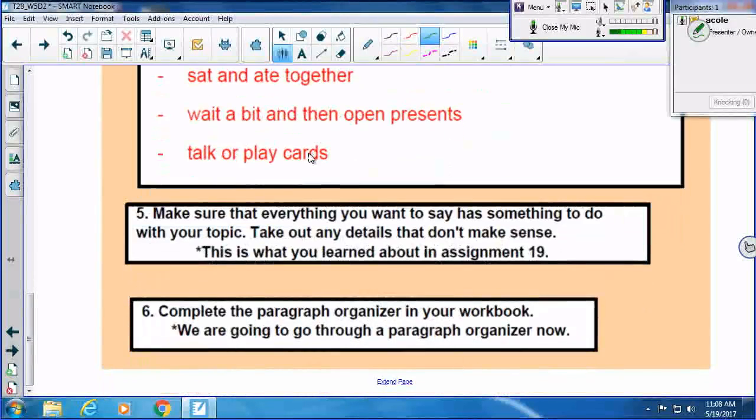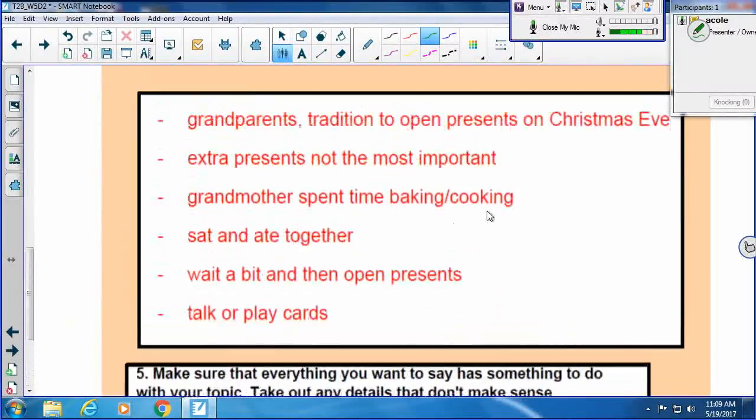All right, so step 5, make sure that everything you want to say has something to do with your topic. So you want to take out any details that don't make sense, right? For me, all of these things have to do with Christmas, my topic. And of course, I'm being even more specific here with Christmas Eve.